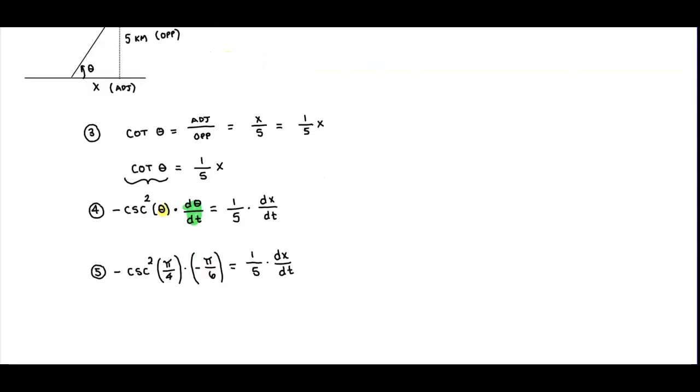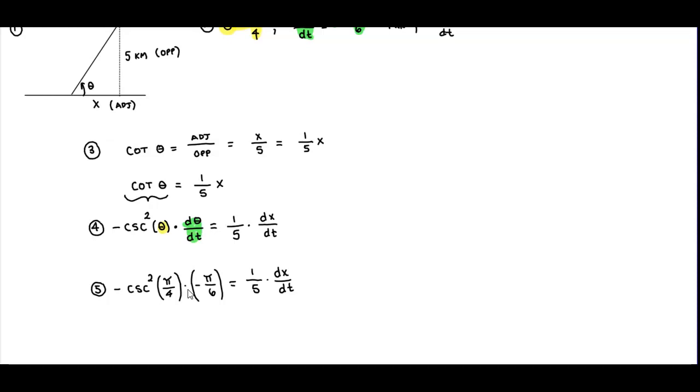In order to solve for dx over dt, we want to first find what is the cosecant of pi over 4. So let's solve that over here. Recall that that's the same thing as 1 over the sine of pi over 4.